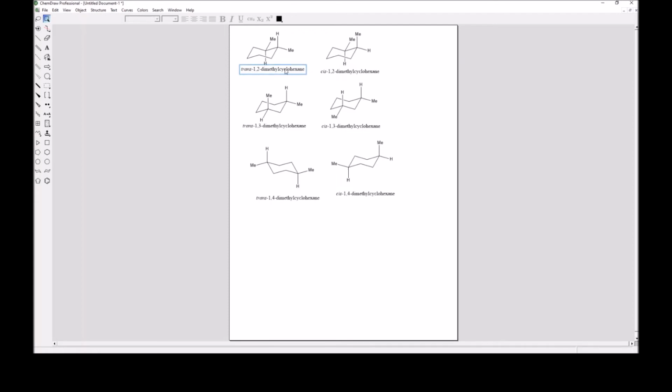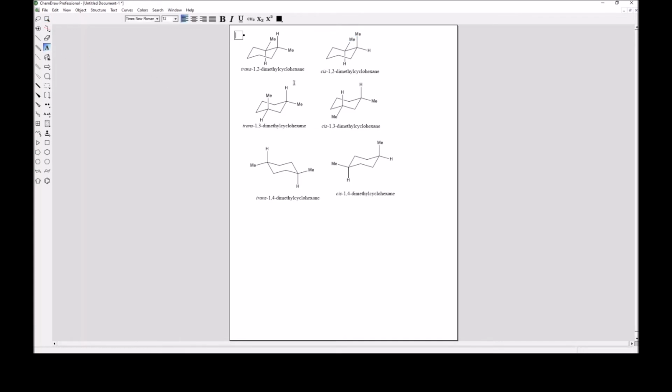So for trans 1,2-dimethyl cyclohexane, this methyl group is equatorial and that methyl group is equatorial. Equatorial is going to be a more stable conformation because putting methyl groups in the equatorial position reduces the steric hindrance. When I have the cis 1,2-dimethyl cyclohexane, one of the methyl groups will be axial and one of the methyl groups will be equatorial.